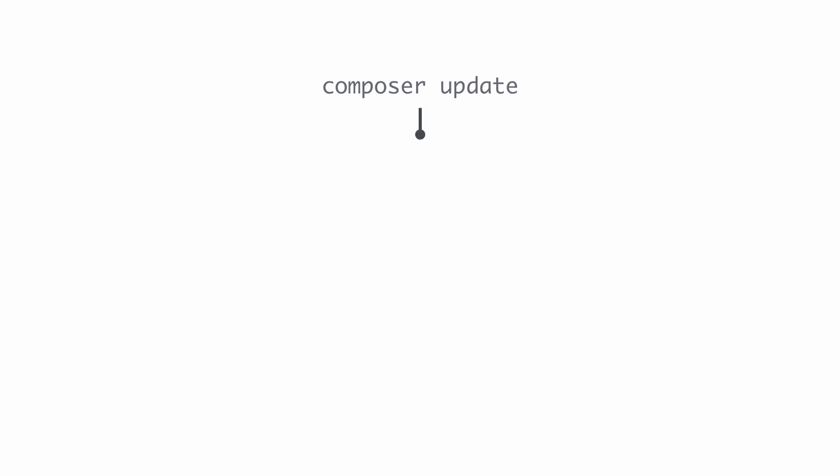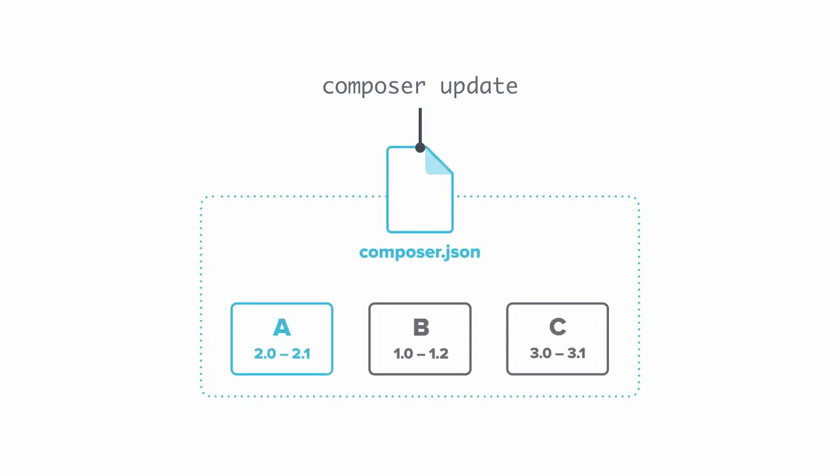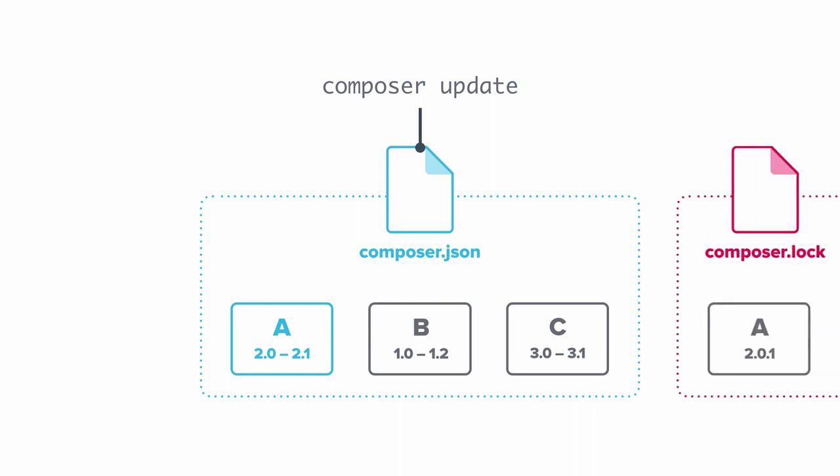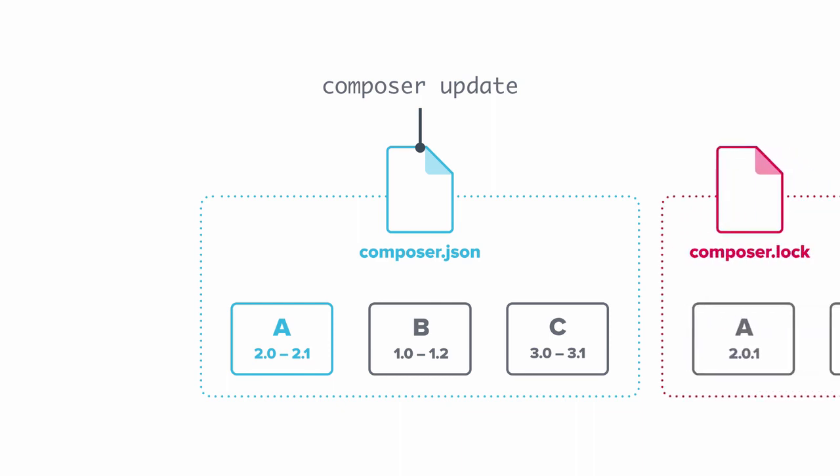When you run composer update, Composer will check your composer.json file and see if any newer versions of each package that are allowed within the version constraints you've provided are available. For example, you've specified no lower than 2.0 and no higher than 2.1 for package A. Your composer.lock file says you're currently on 2.0.1.